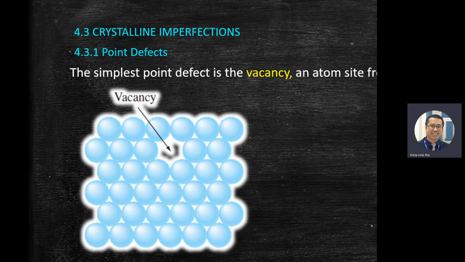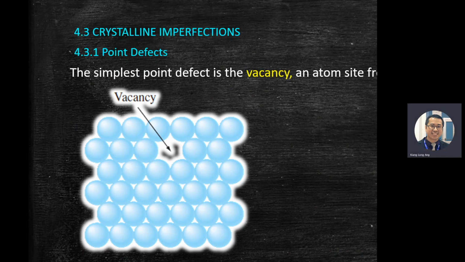A hole can be many atoms missing, so it no longer fits into point defect. So we recommend you use vacancy. Vacancy refers to the missing of one atom in the atomic site. So the first technical word for today is vacancy.